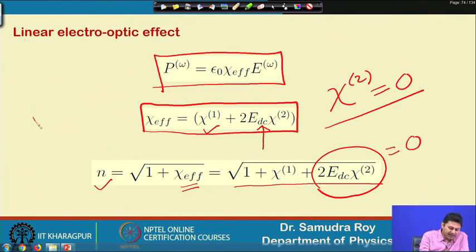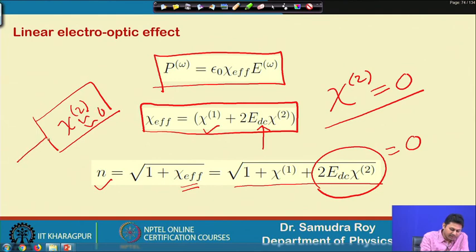That means, if I have a material where chi 2 is nearly equal to 0, and I launch a DC electric field, then obviously the second harmonic is not going to be generated, that is for sure.